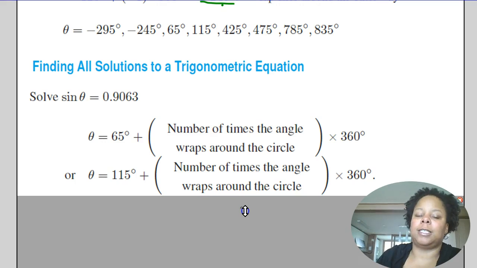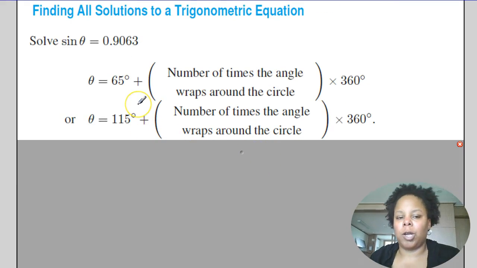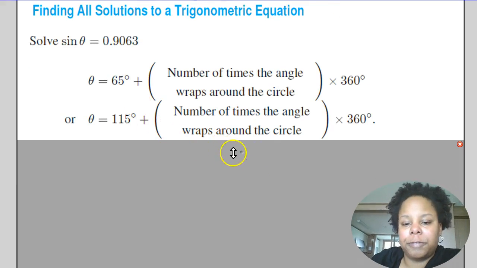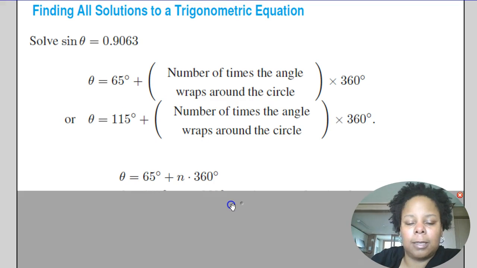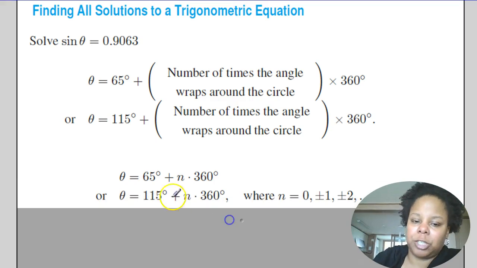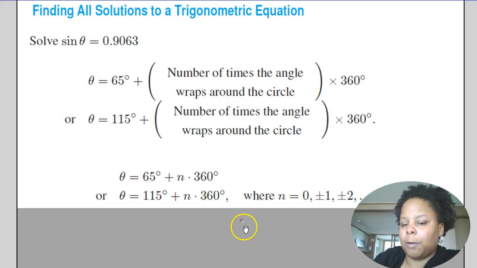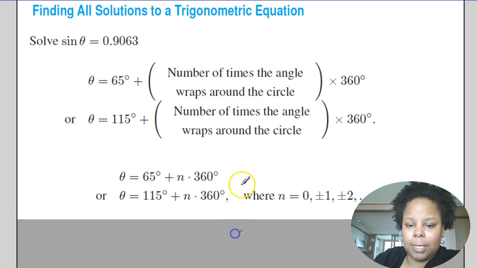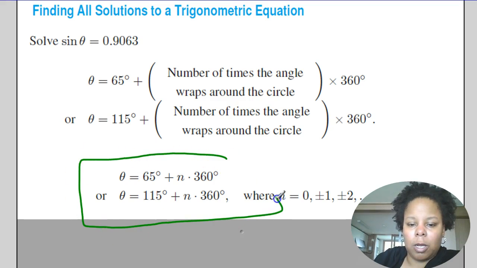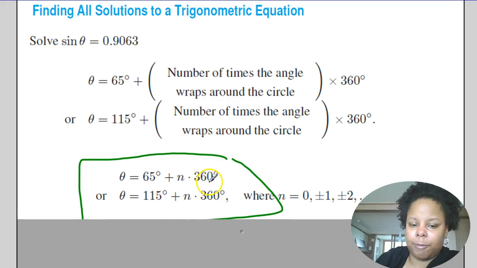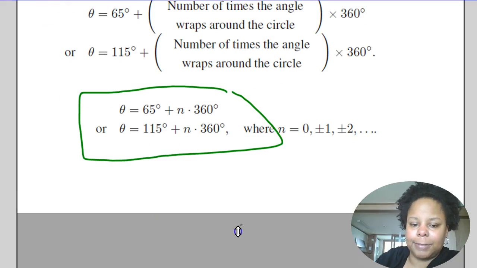And 115 plus any whole number times 360 will give me the solution for thetas that look like 115. And so then that looks like an algebraic expression of this, where n can be 0 or a positive or negative whole number, and we call those the integers. So this is my solution for when the degrees can be from negative infinity to positive infinity.